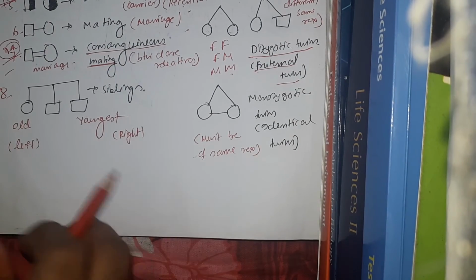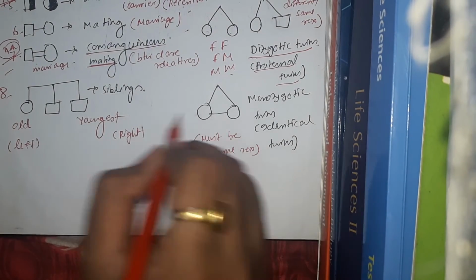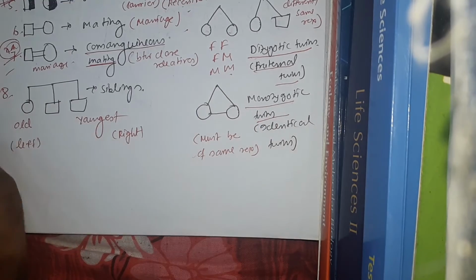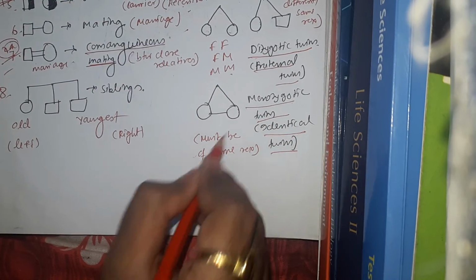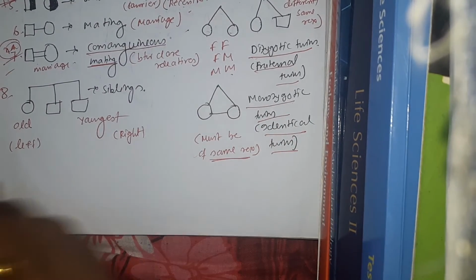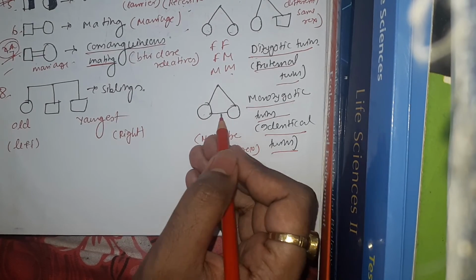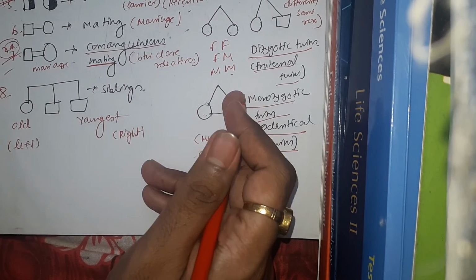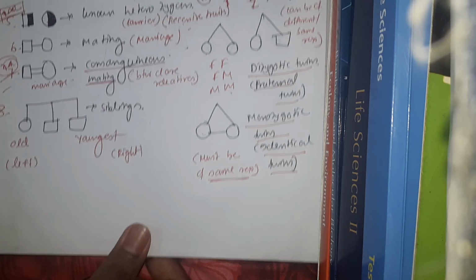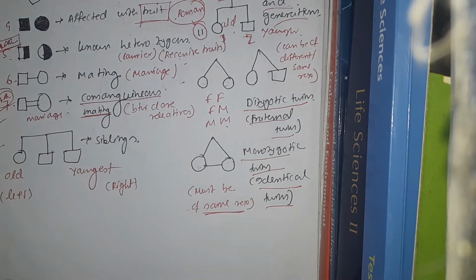But when you find something like that, it simply refers to monozygotic twins or identical twins. They have only the same sex. If both are female, then both are female. If one is male, then the other will also be male. So I hope you have clearly identified dizygotic and monozygotic twins. Monozygotic twins always have the same sex, and in case of dizygotic twins, the sex can be different.